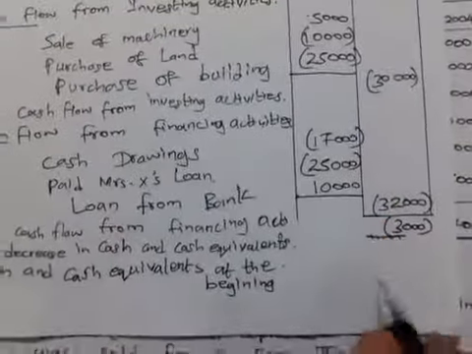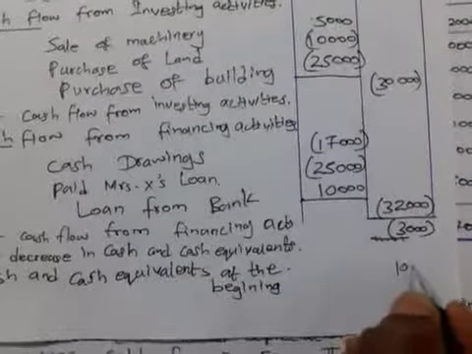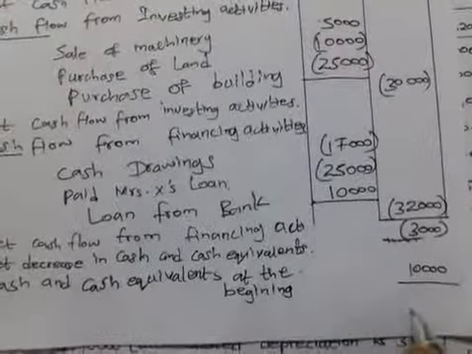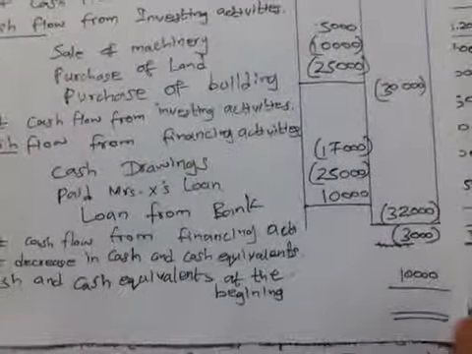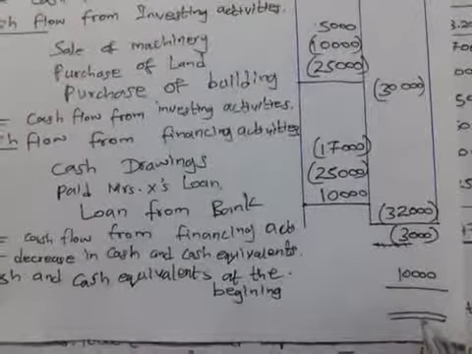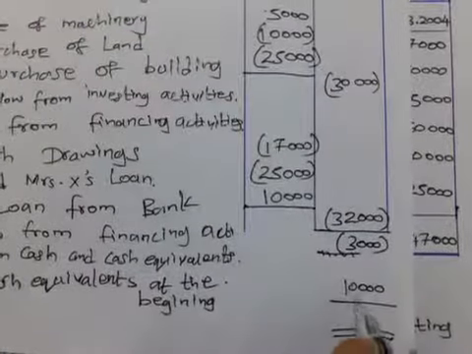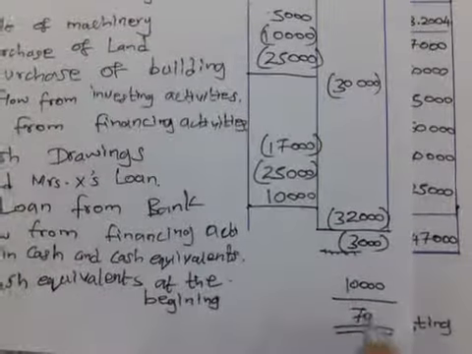So at the beginning of the year, 10,000. After adding this amount, you will get the amount of the cash and cash equivalents at the end of the year. So 7,000.